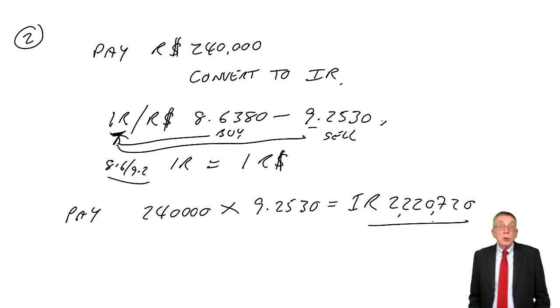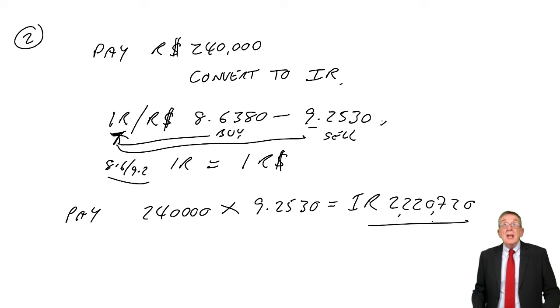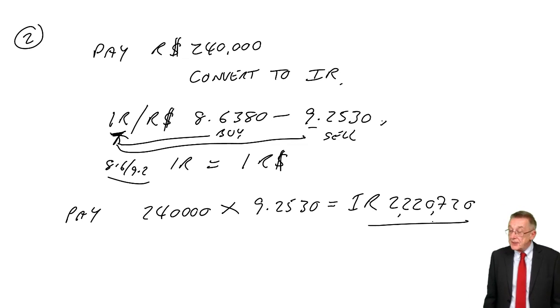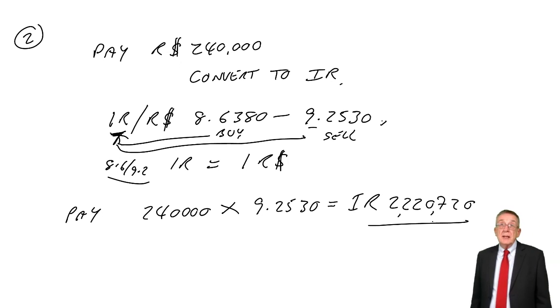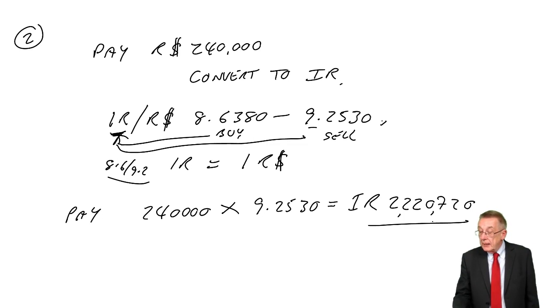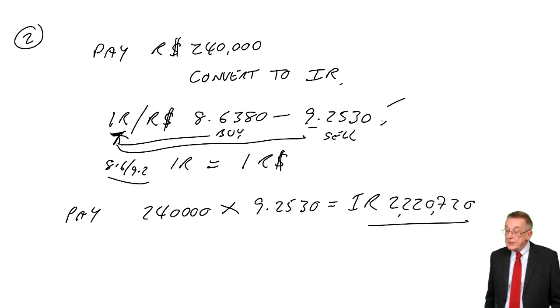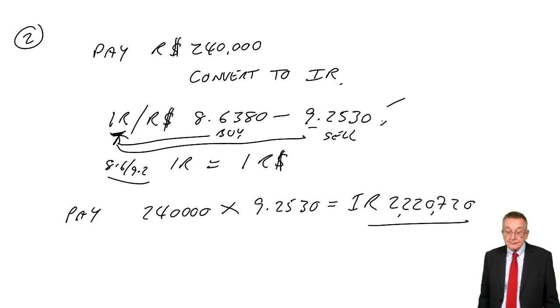If you don't like learning a rule, then again, it must be whatever's worse for us. Since we're paying money, it's whatever the biggest amount, bigger of the two amounts is. We're multiplying, well, surely to end up with the biggest cost. If you're multiplying, we multiply by the biggest exchange rate, which again is 9.2530.